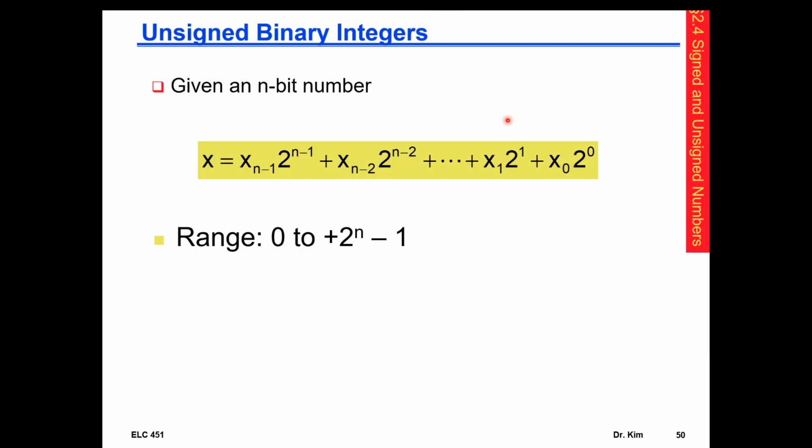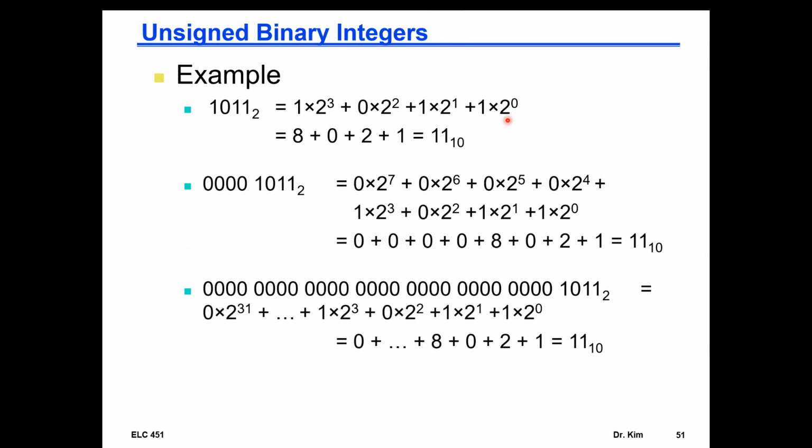So let's take a quick look back at a refresher of binary numbers. If you recall from 312, the range of a binary pattern of n bits is going to range from 0 to 2 to the n minus 1 if you are looking at it as an unsigned number. So these would be a few examples.